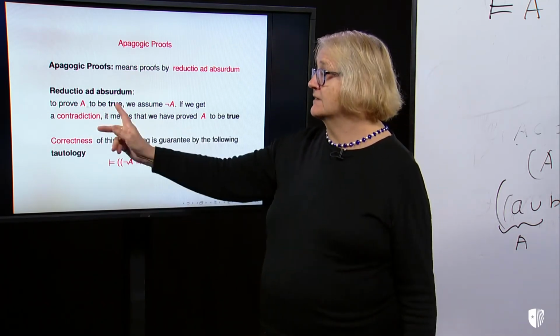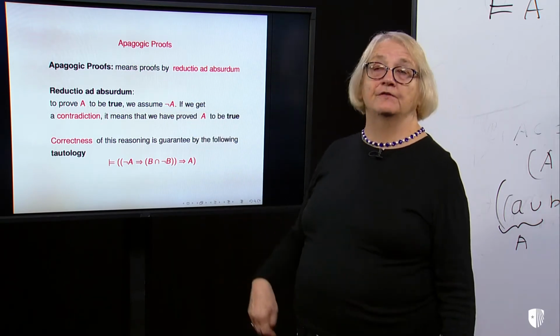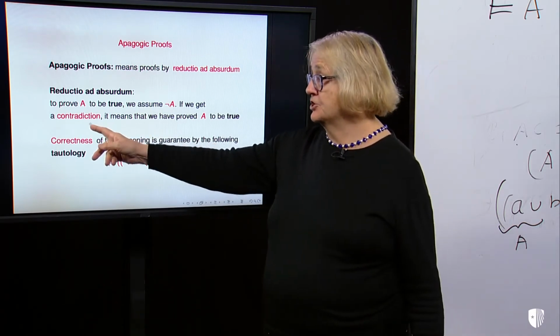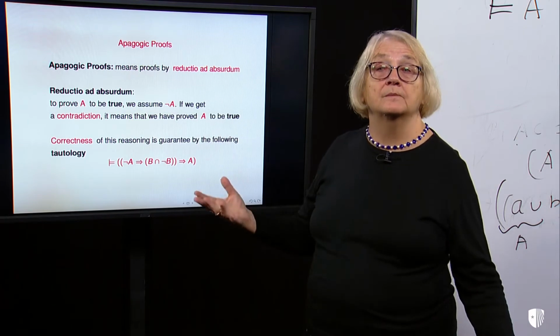To prove that A is true, how do we do it? We assume the negation of A. This is all classical. If we get a contradiction, it means that we have proved A to be true.